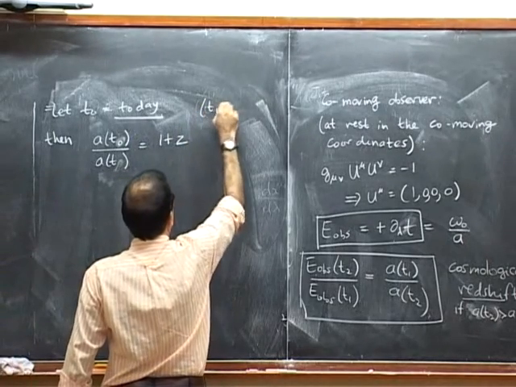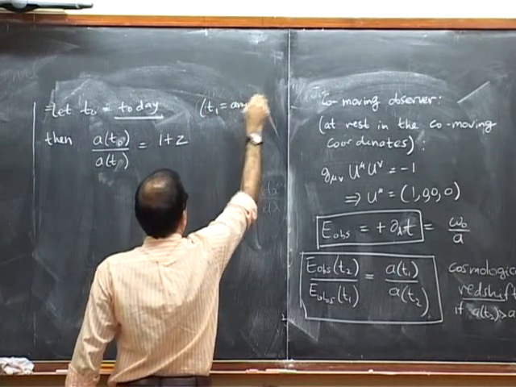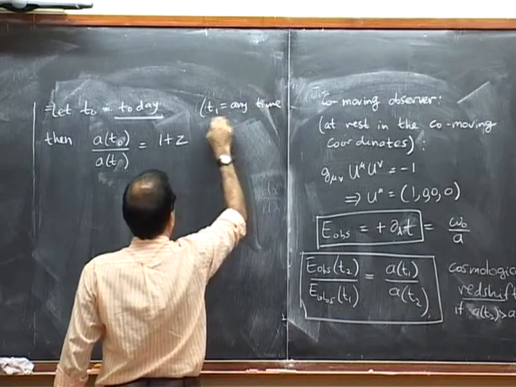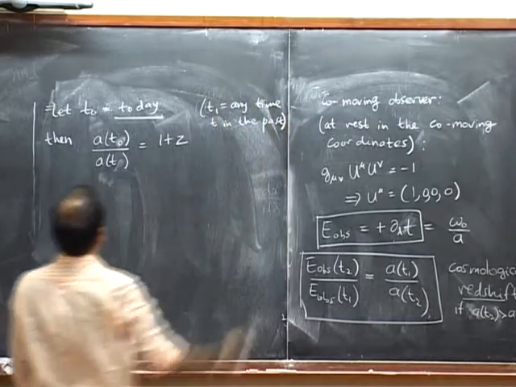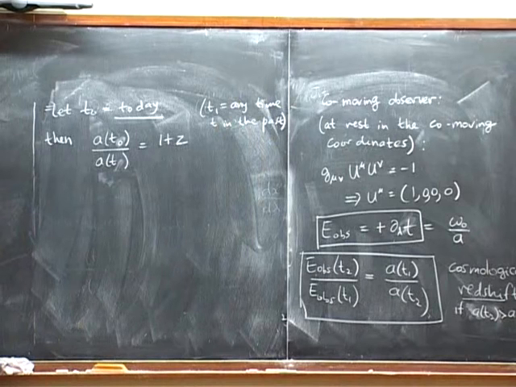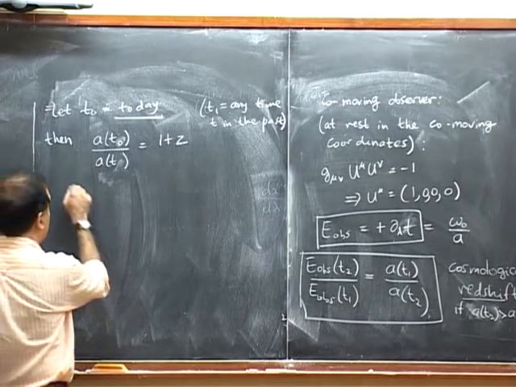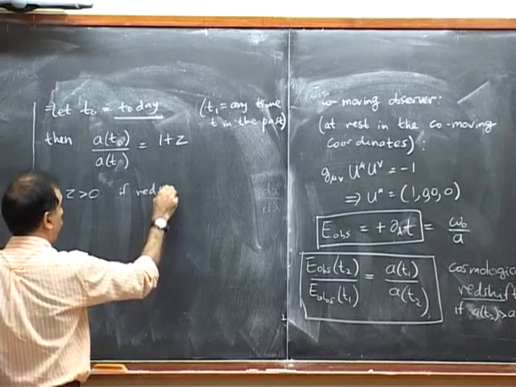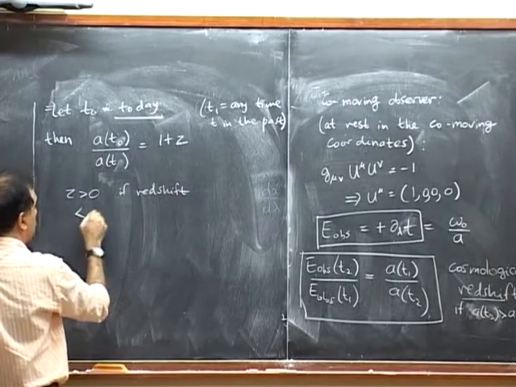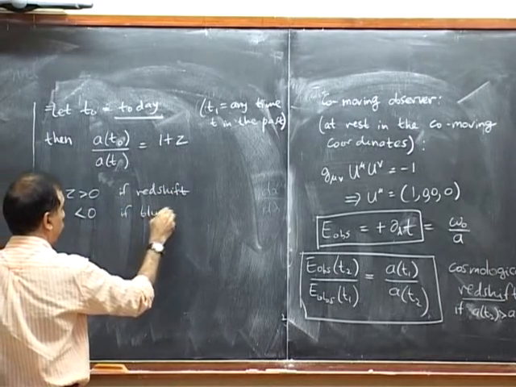T1 is any time T in the past, and T0 is today. Then A of T0 over A of T, just plug those things in there, is 1 plus Z, and Z is greater than 0 if redshift, and less than 0 if blue.